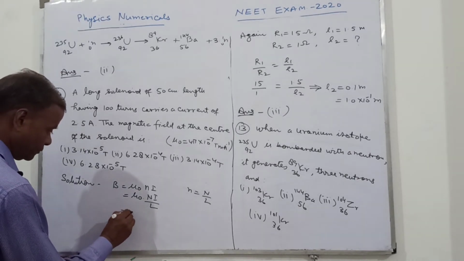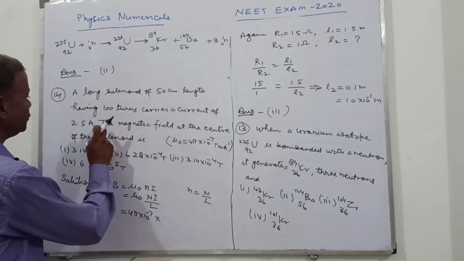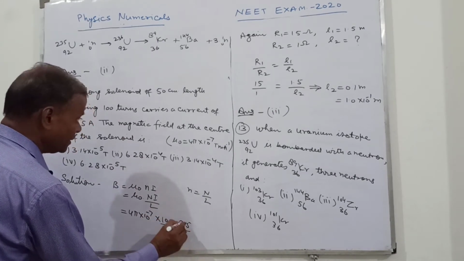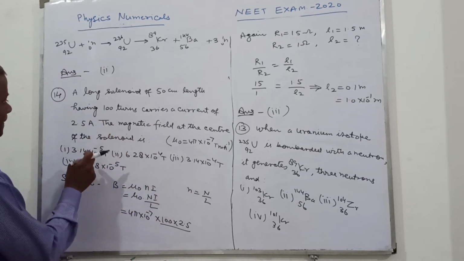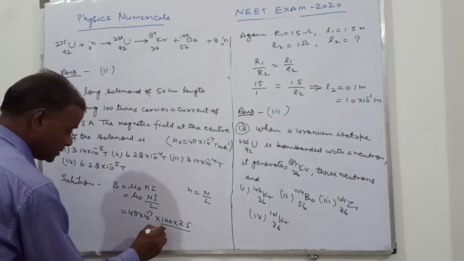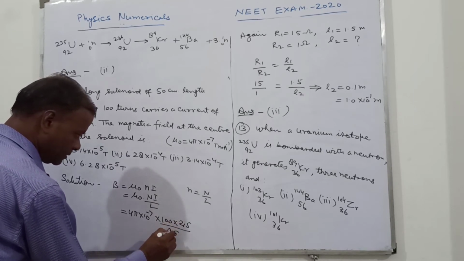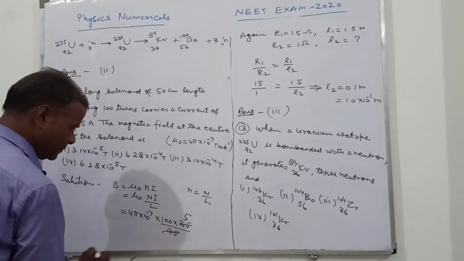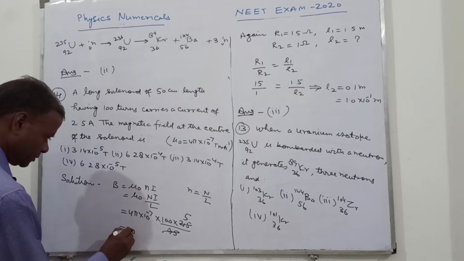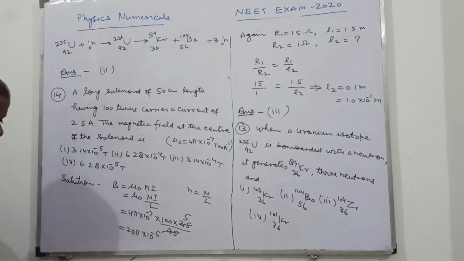Just you have the value 4 pi into 10 raised to the power minus 7 into N, which is given to you now 100, I 2.5, and length is 50 centimeter. So you convert this 50 centimeter into meter. This is now your 0.5. So now this point will cancel, and this will be cancelled by 5 times. And now 5 into 4, this is now your 20 pi into 10 raised to the power minus 5.